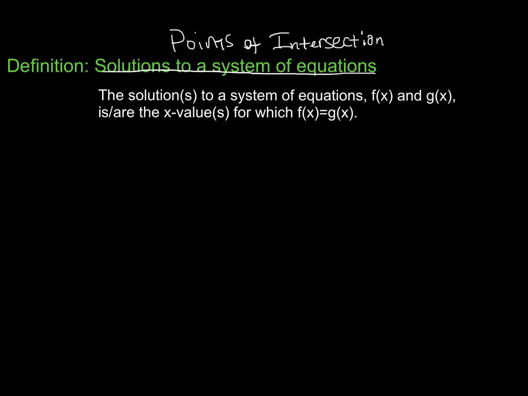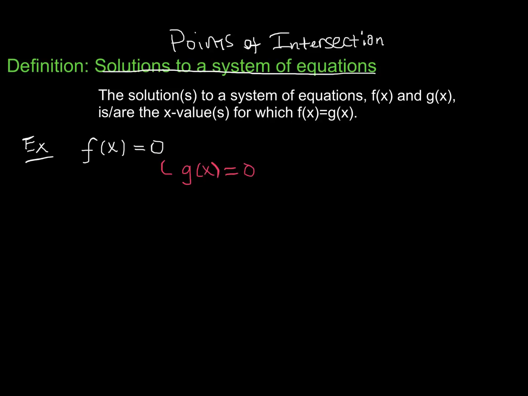There's a couple of examples that we've seen already that you might not realize actually correspond to this. So whenever we see a function, let's just call it f of x, and you're asked what are the roots, in other words, what will make f of x equal 0, this is a solution to a system of equations where your function g of x here is actually 0, right?